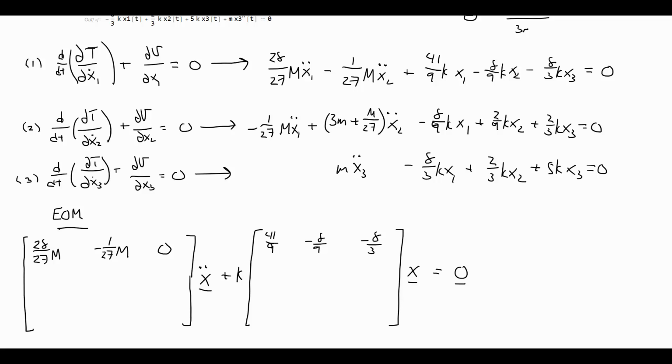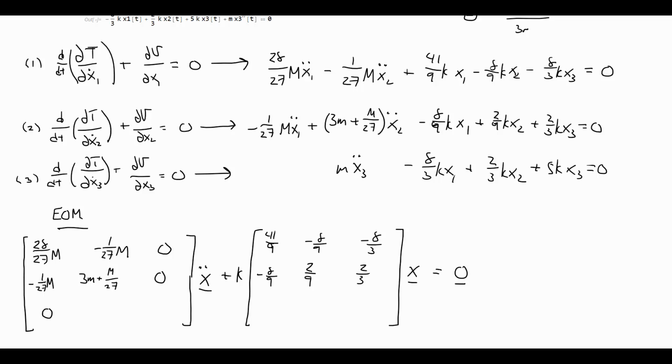Coming down to the second equation, negative 1 over 27 m is the x1 double dot. The 3 little m plus big M over 27 is my x2 double dot, and again a 0 term for x3 double dot. We have a negative 8/9, a 2/9, and a 2/3 k in front of x1, 2, and 3 respectively, and the right-hand side is 0.